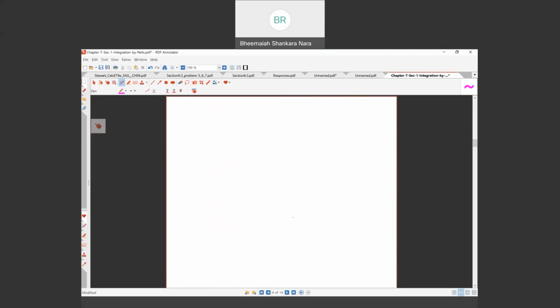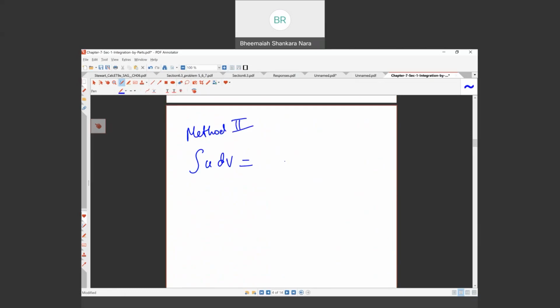So first let me write the rule, and let me write this as method 2. This is the udv rule. So the udv rule says this is u times v after you integrate minus integration v du. The one that I did here is method 1.